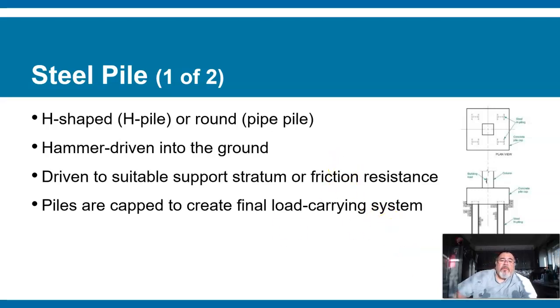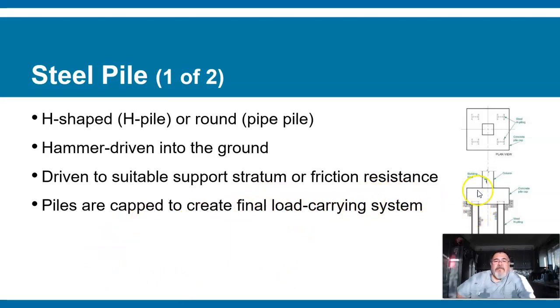So this one has steel piles that are jammed into the ground like nails. They're hammer driven into the ground, and then they pour this little square concrete pad on top of them, with the steel going into it, and then the piles are capped to create a final load carrying system.